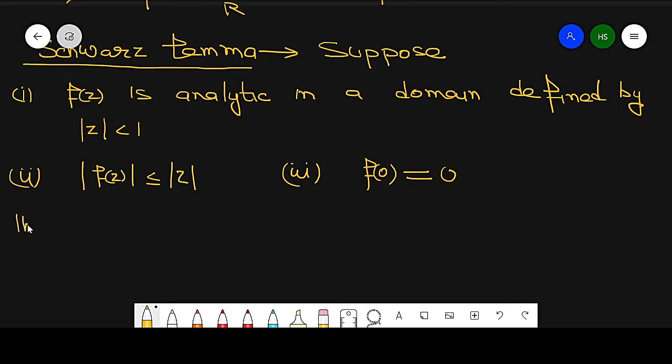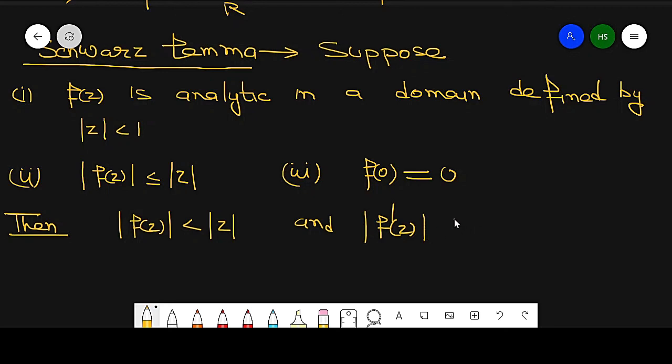Then prove that modulus of f of z is less than or equal to modulus of z and modulus of f dash z is less than or equal to 1.